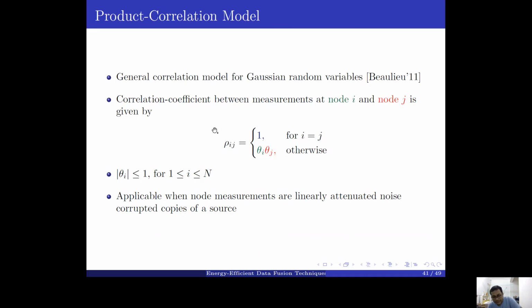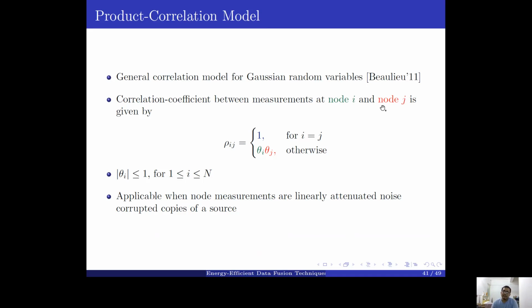Now, before going into the simulation results, we first explain what is called a product correlation model. We have used this model extensively in our simulations, and this is quite a general model which is used to model the dependencies between Gaussian random variables.